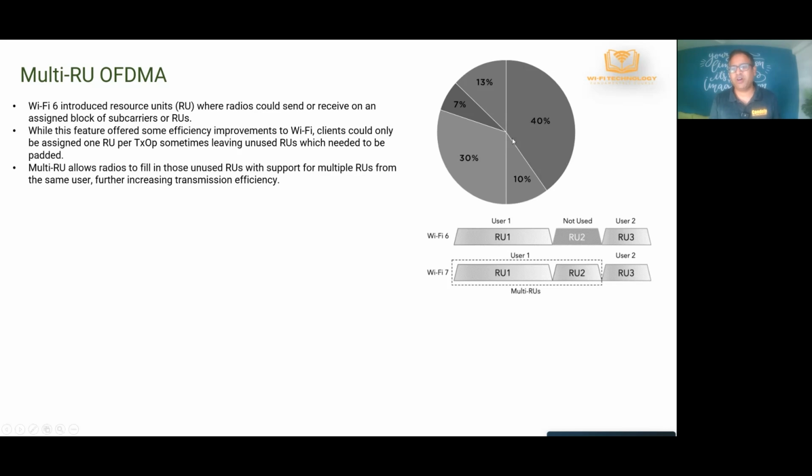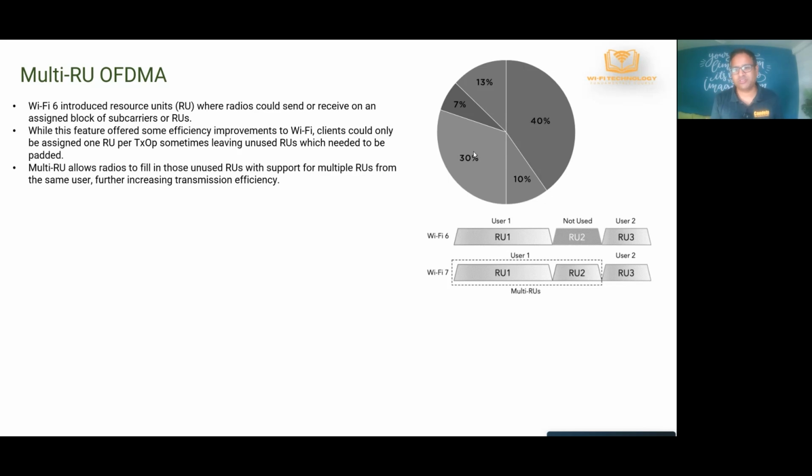One resource unit will be 30% of the 80 megahertz band, another could be 40% of the 80 megahertz band, and so on. But each user gets only one resource unit in normal OFDMA. If you're using multi-RU OFDMA, then a single user can get multiple RUs.